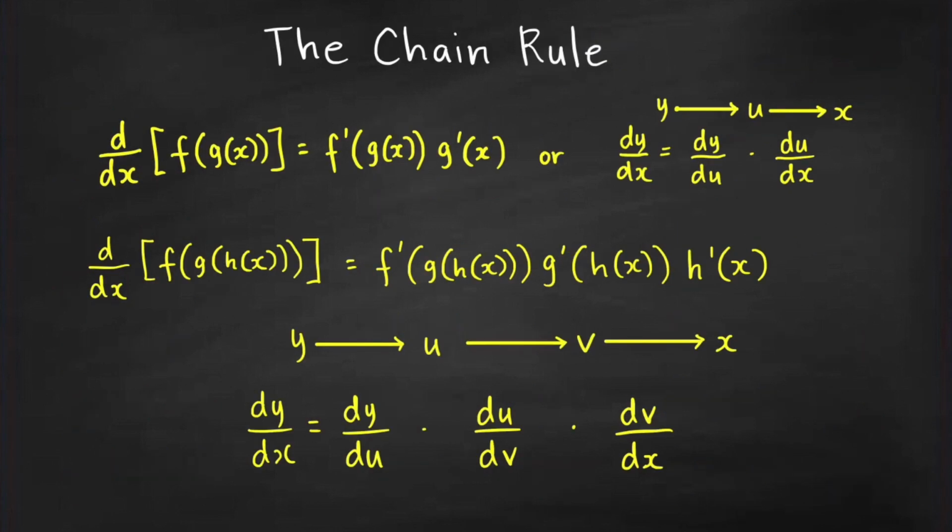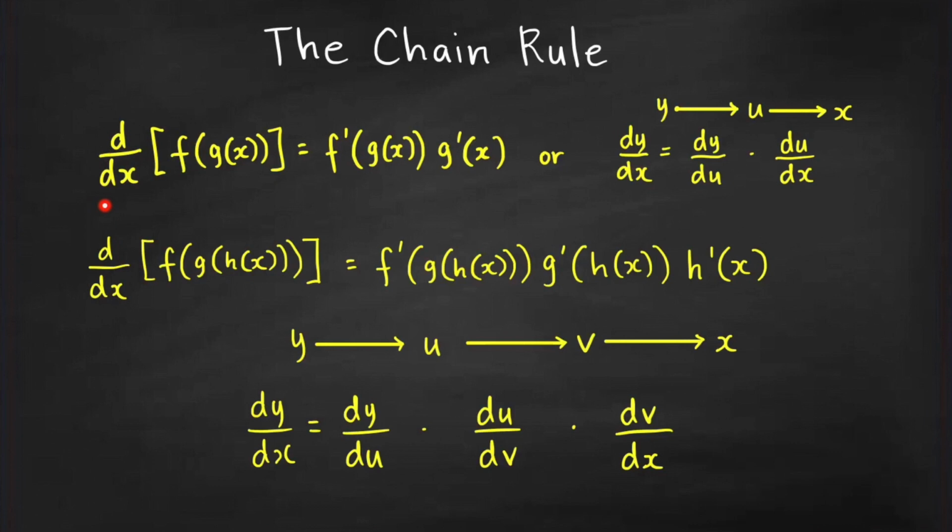Let us now recall the chain rule, which is for me the most important and the most powerful tool in computing derivatives of functions. It tells us how to find derivatives of a composition of two or more functions. So let's say we have a composition of two functions.